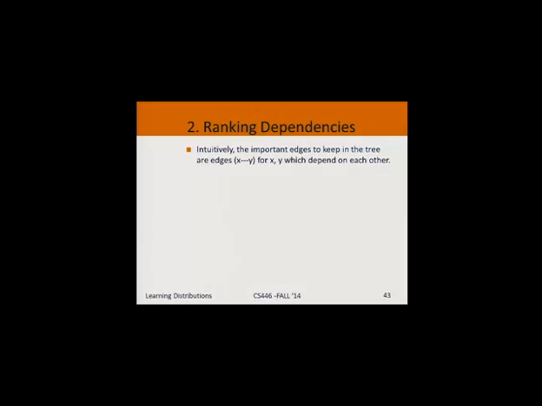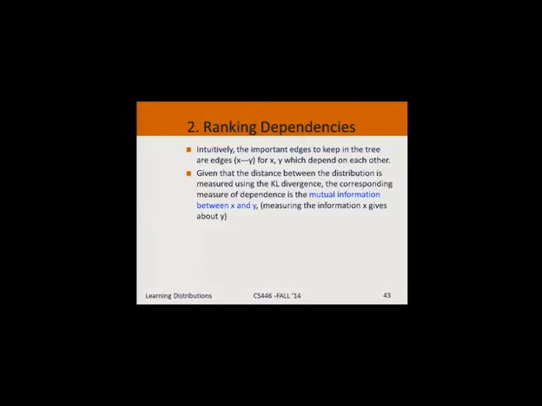Okay. The second technical thing that we need to do is we want to be able somehow to rank dependencies. When we have a probabilistic tree, we're going to have edges between x and y. And we want to be able to know when we want to keep edges and when we don't. And there are many ways to measure dependencies between two variables. And given that we measure the distance between the distributions using KL divergence, the corresponding measure of dependence is going to be the mutual information between x and y, which is defined this way.